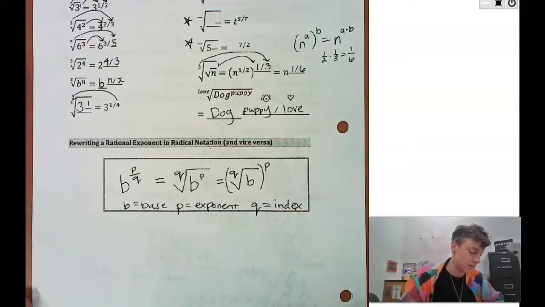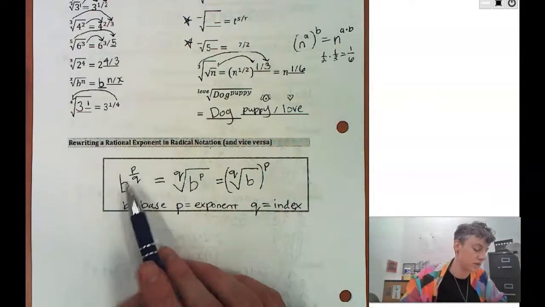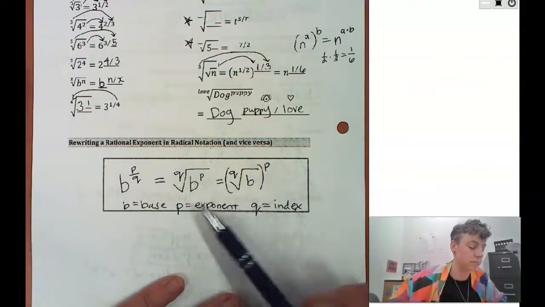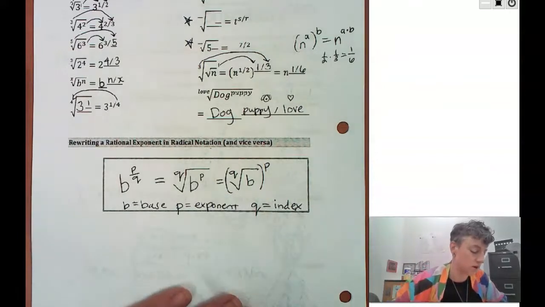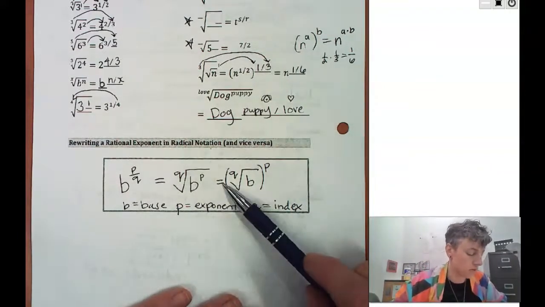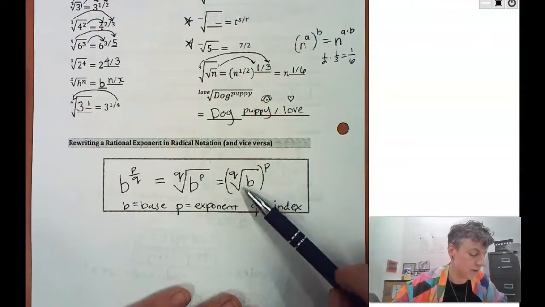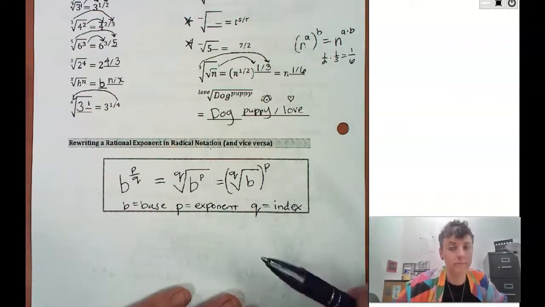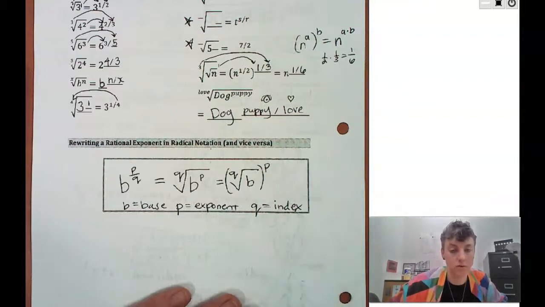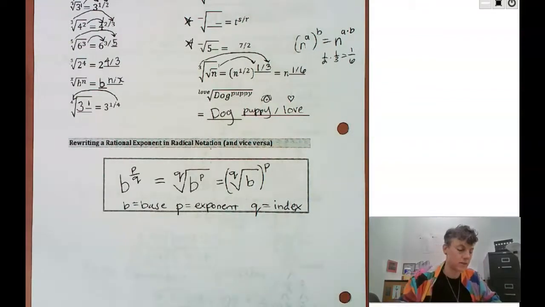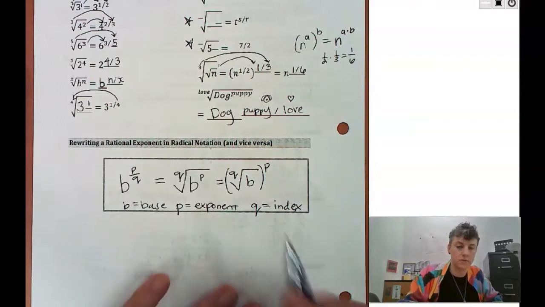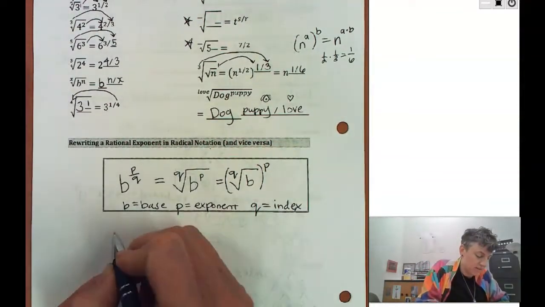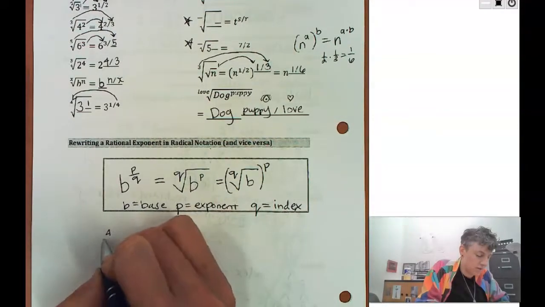Great. So b to the p over q is equal to the qth root of b to the p, which is also equal to the qth root of b, all of that to the p. Totally true. This part might be a little confusing, so let's put an example here. Let's say I had the fourth root of 2 to the 5th.